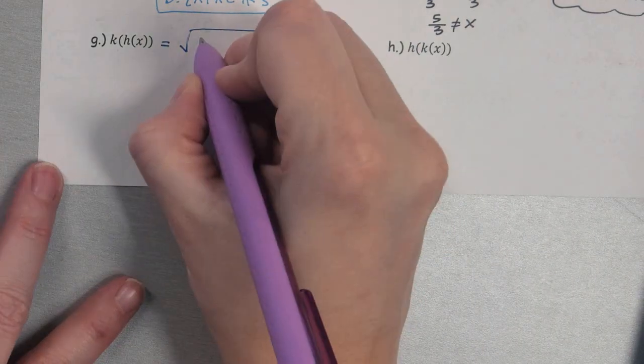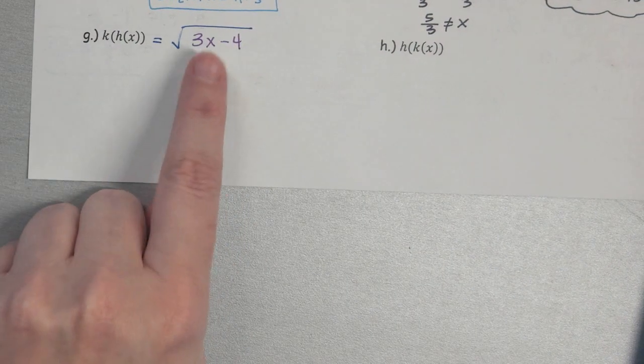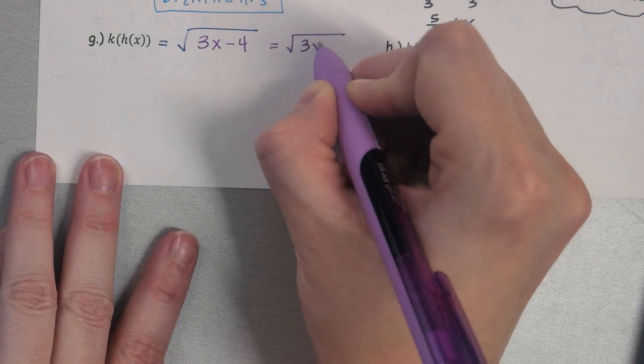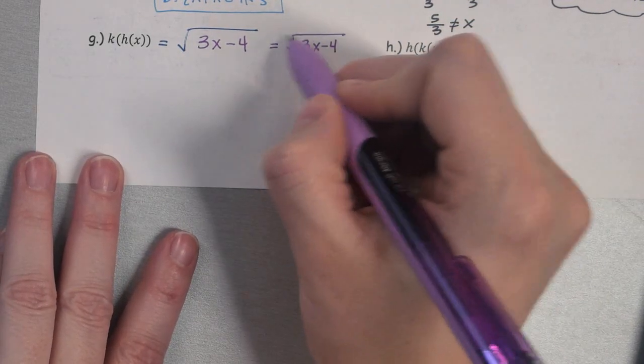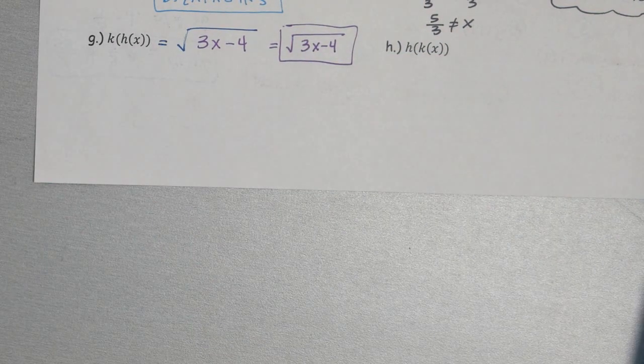H of x is 3x minus 4. Now there's nothing you can simplify here. Your final answer is just going to be the square root of 3x minus 4. You cannot split this up and take the square root of 4 or negative 4. The only time you can simplify when you have radicals is if there's multiplication, which we don't have.